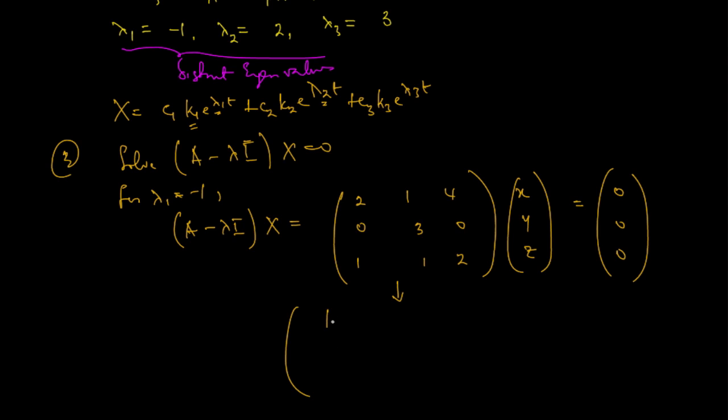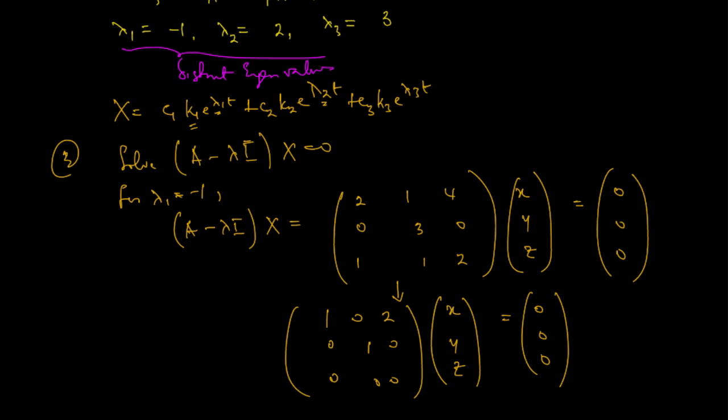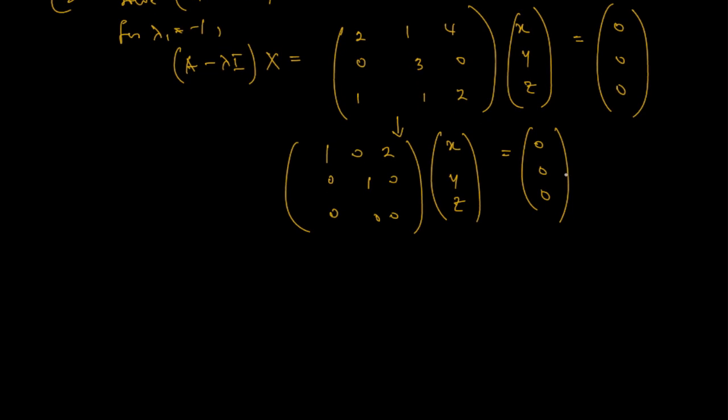When we reduce the matrix, we have 1, 0, 2, 0, 1, 0, 0, 0, 0 times x, y, z equals 0. Rewriting this in equation format, we have x plus 2z equals 0, and for the bottom we have y equals 0.